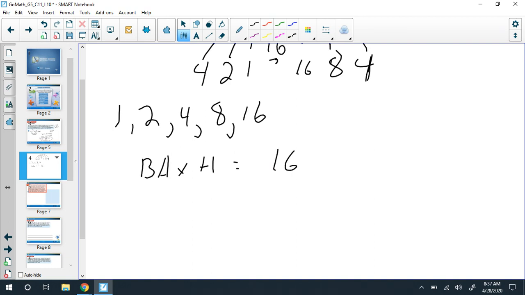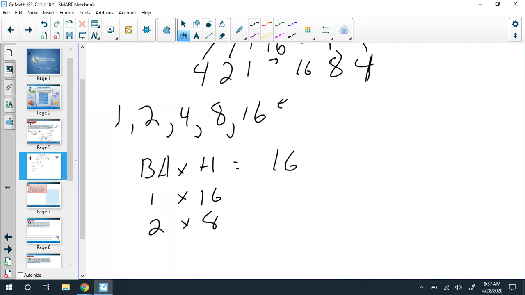So if my height is, let's work from this way back, if my height is 16, then my base area has to be 1. If my height is 8, my base area has to be 2, right? And so on and so forth.